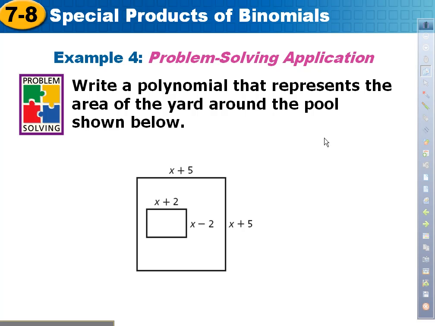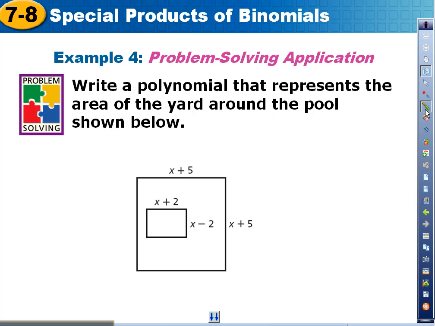Here, write a polynomial that represents the area of the yard around the pool shown below. I have a big rectangle. The little rectangle is the pool. How are you going to find the area of just the yard around the pool? We're going to find the area of the pool and then find the area of the outer and then subtract the two.